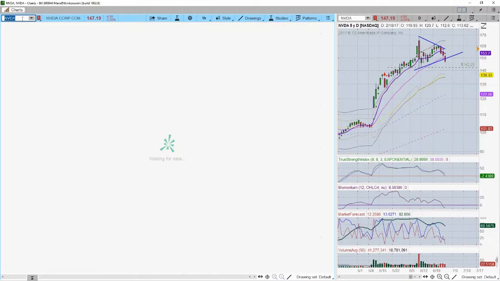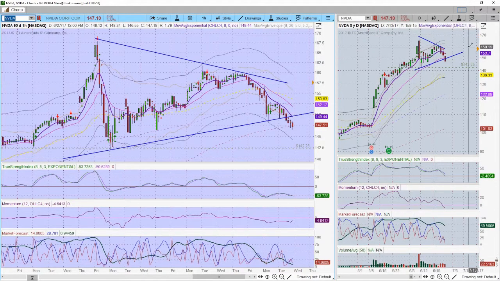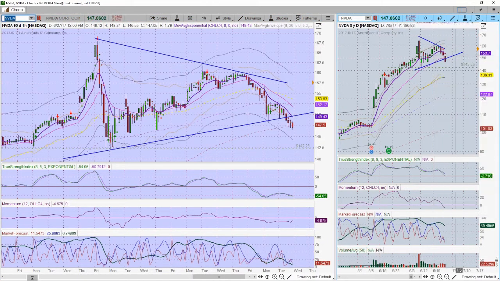NVDA. Again, it dropped the 20 today. I can either leave that triangle in and draw it, if this was considered a triangle that it broke out of, which, if it is, is a little bit of a weak one.